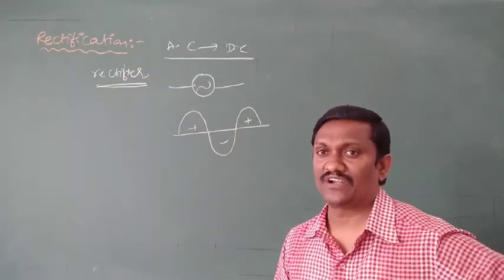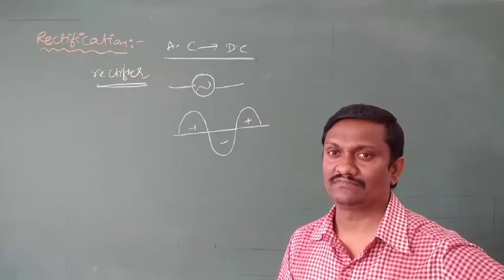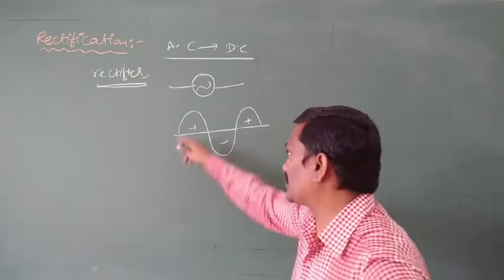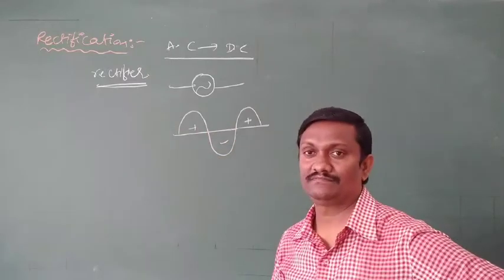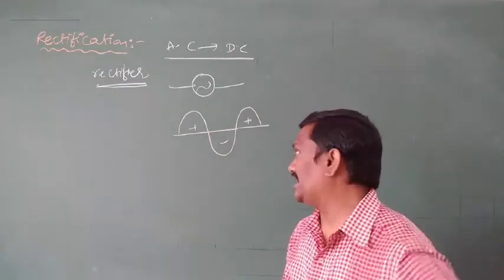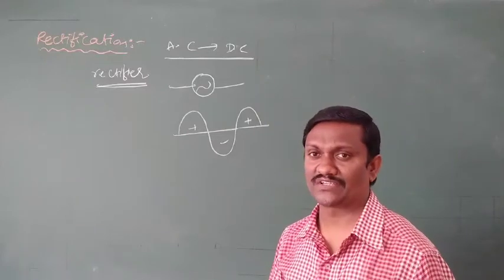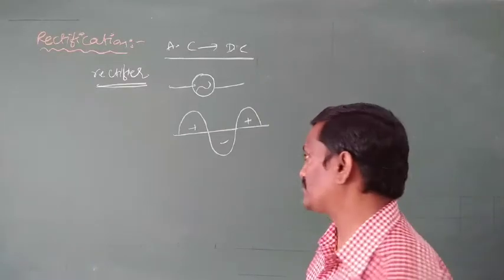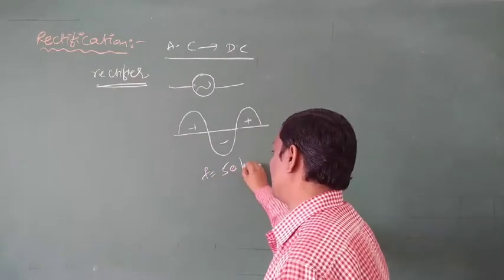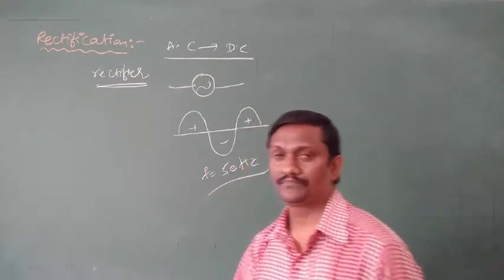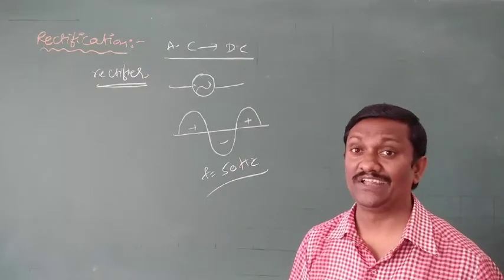AC always has sinusoidal nature and some frequency. Generally in India, the frequency of AC is 50 Hz.